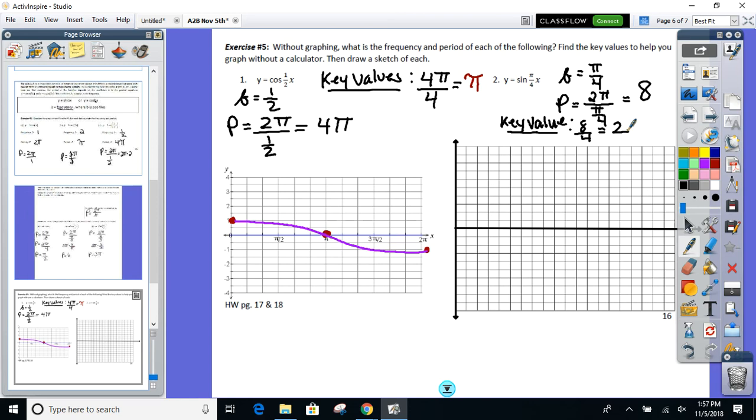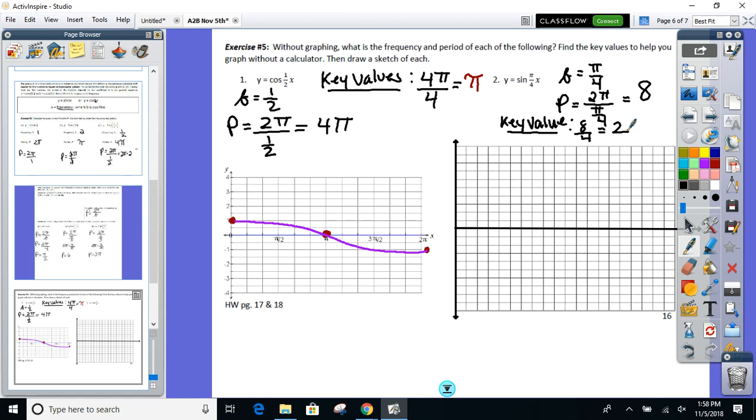This one doesn't have a pi with it. I do not want to set this up the way the last graph was. Because where are my key values? Every 2. So the first point I'm going to put on the x-axis is 2. It's up to you how you want to set this up on the x-axis.